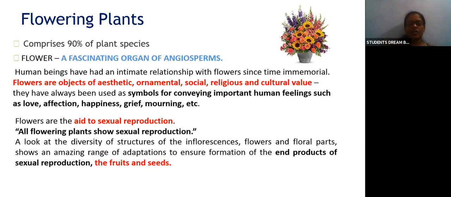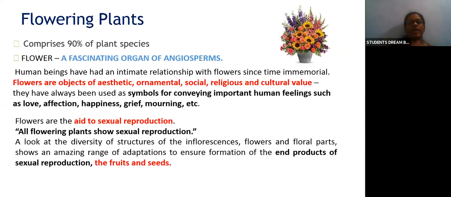And look at the diversity of the structure of the inflorescence, the flower, the floral parts. It will have a range of adaptations to ensure the end product of sexual reproduction, that is the fruit or the seed. So finally, what is the end product of sexual reproduction? It is nothing but the fruit and the seeds.